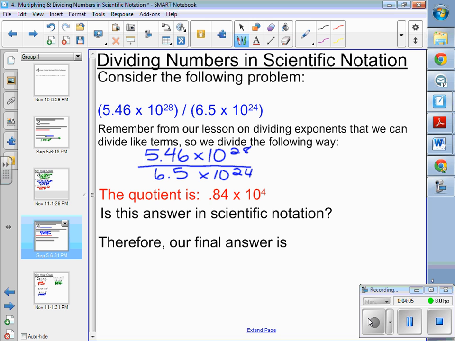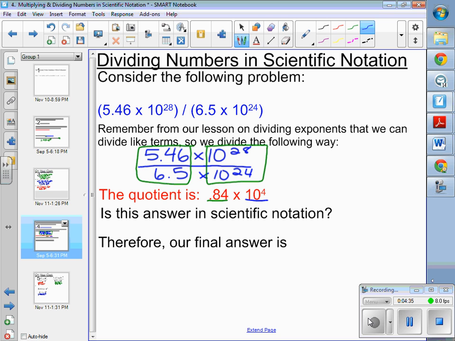All right, so when we look at this, it helps us to look at this part separately from this part. And when we look at 5 and 46 hundredths divided by 6 and 5/10, we're going to get 84 hundredths. And when we look at 10 to the 28th over 10 to the 24th, or divided by, we're going to get 10 to the 4th.